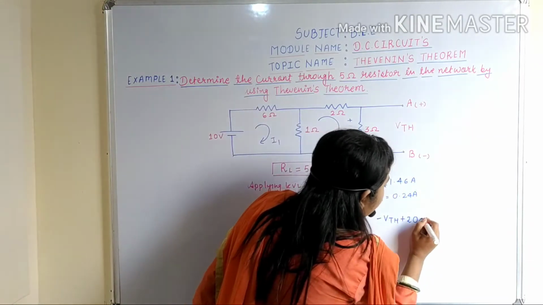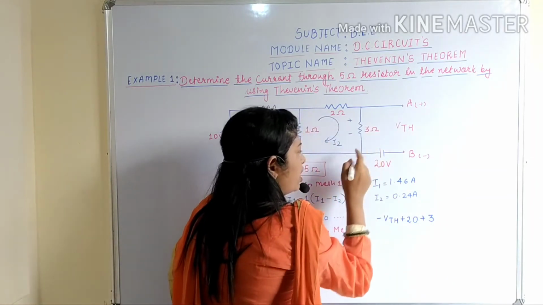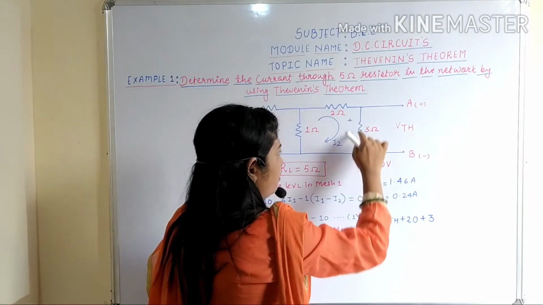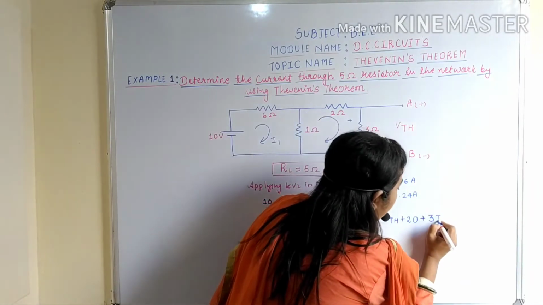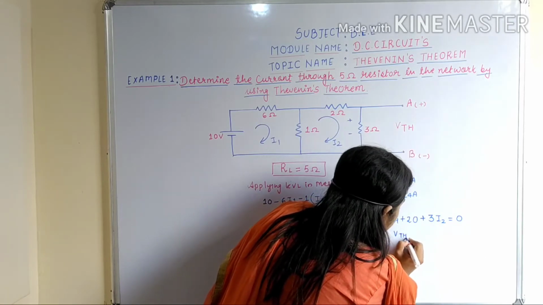So what you need to write? Plus 3, the current flowing through this particular resistor you have to consider from the previous mesh. So current flowing through this is what? I2 is equal to 0.24. So what is your VTH?